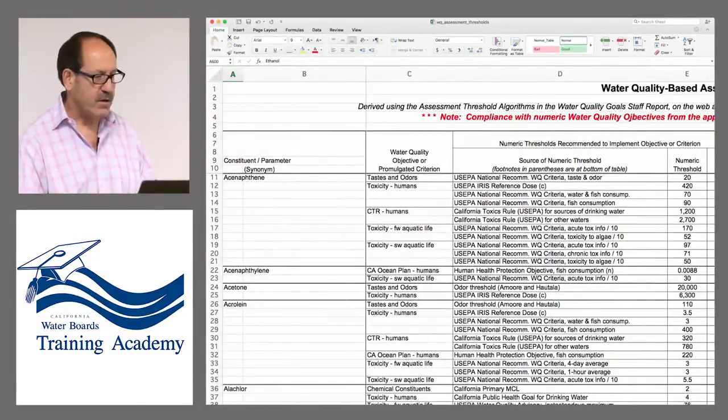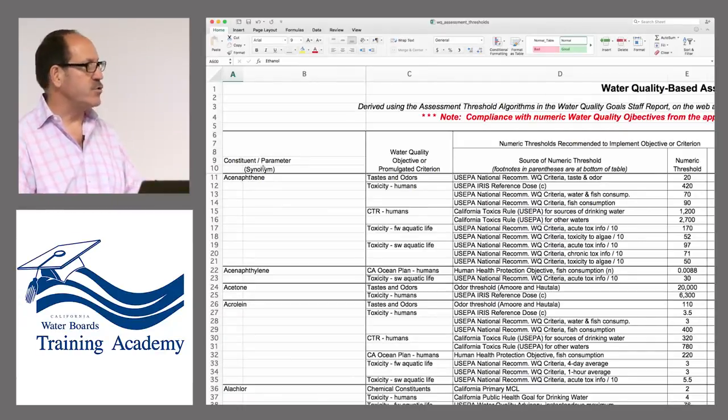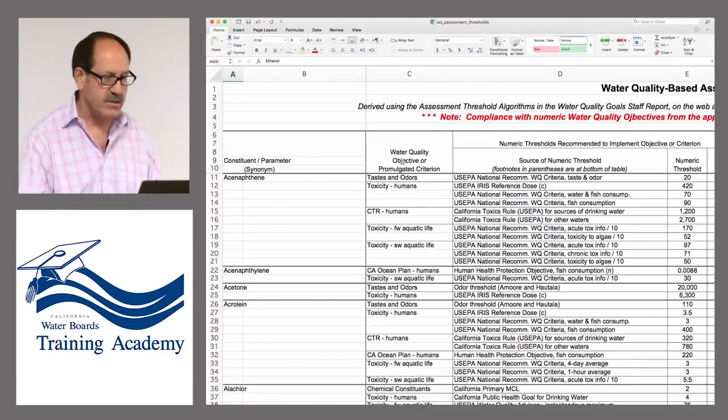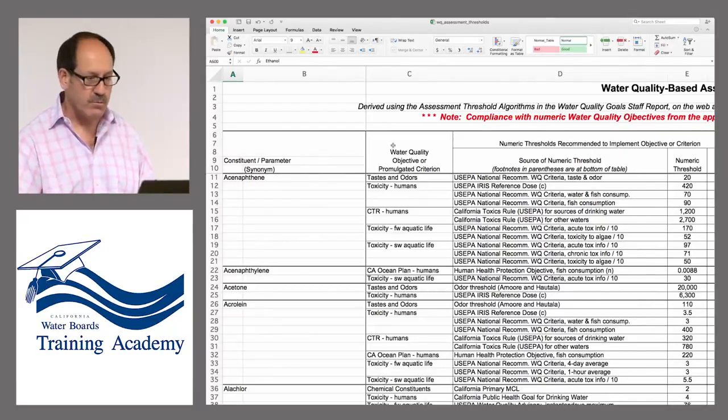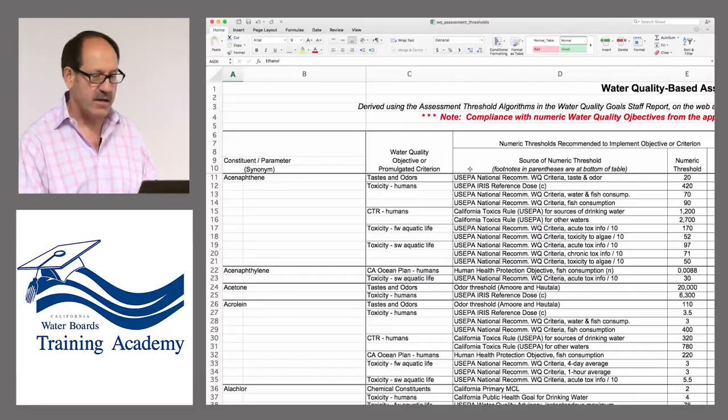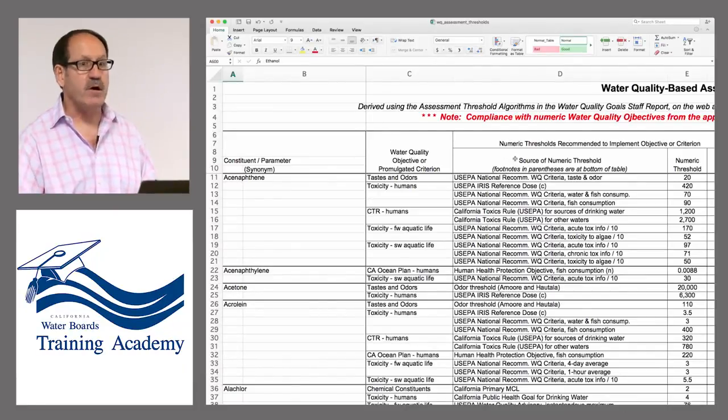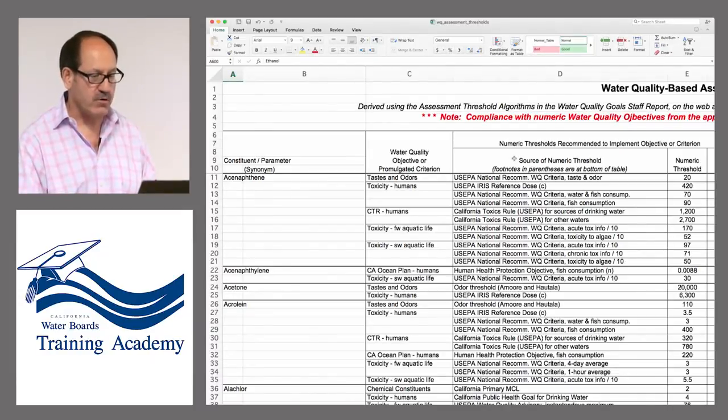Okay. So in the first column, the constituent or parameter of interest is listed. In the next column, the water quality objective or promulgated criterion that needs to be satisfied. Then the source of a numeric threshold that could be used in a defensible way to apply that water quality objective or promulgated criterion.